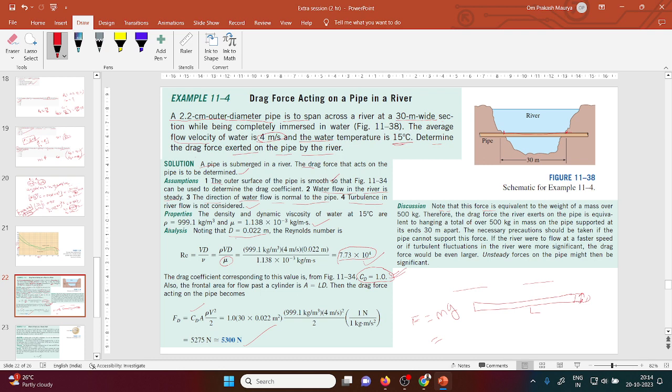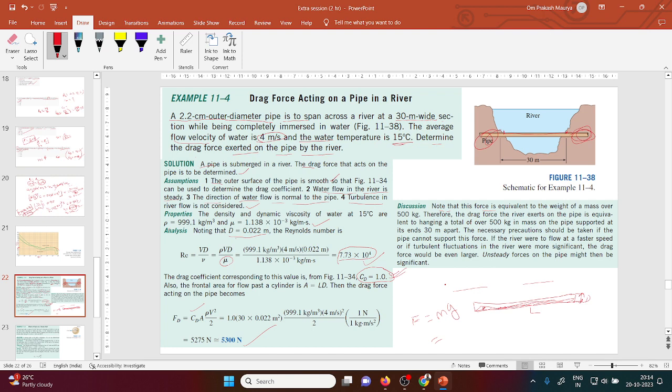If the drag force acting on the pipe overall is 5300 Newton, that is your 500 kg. So it is equivalent to 500 kg hanging on this support and this side. So you need to design like that.